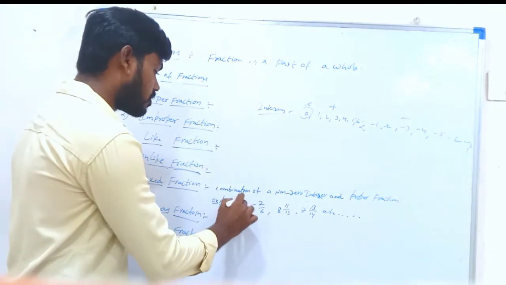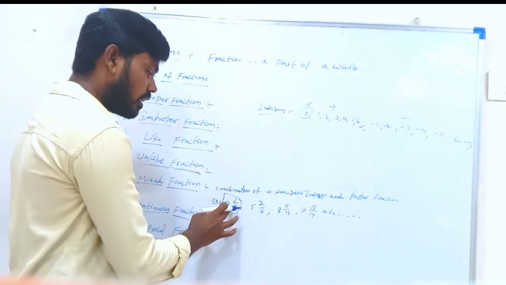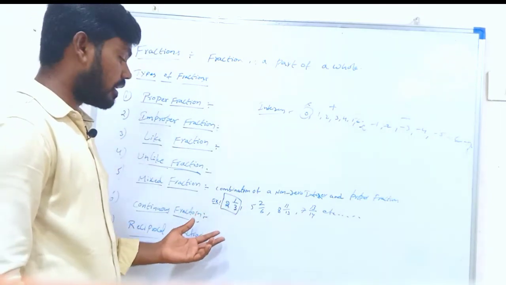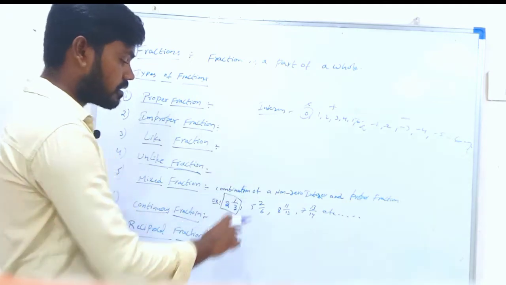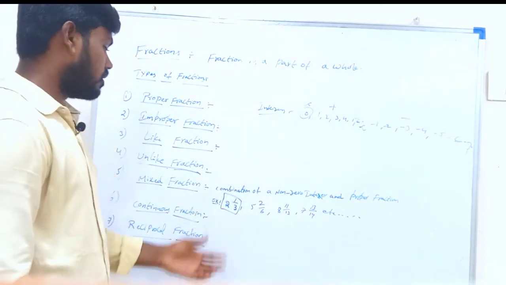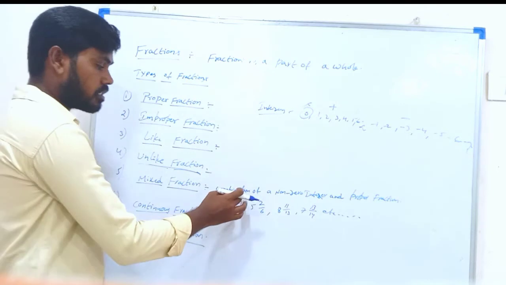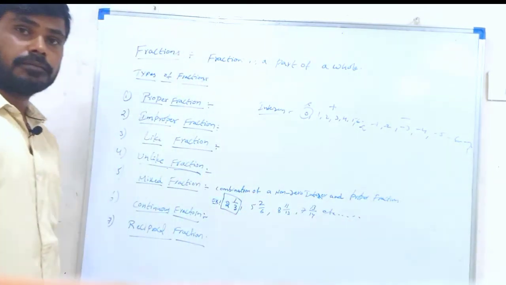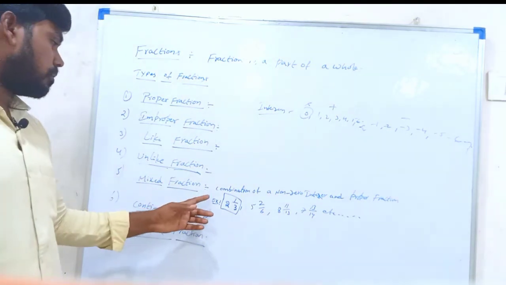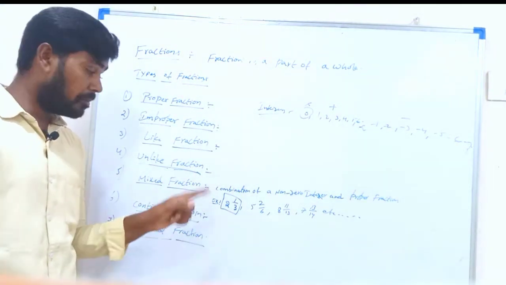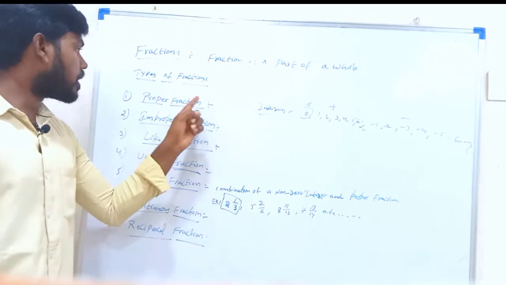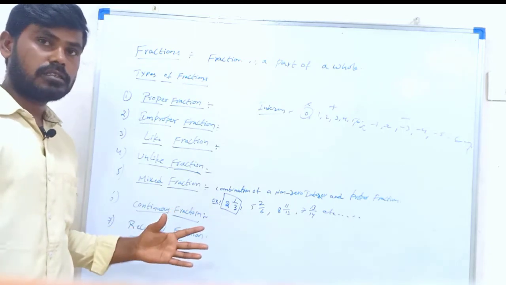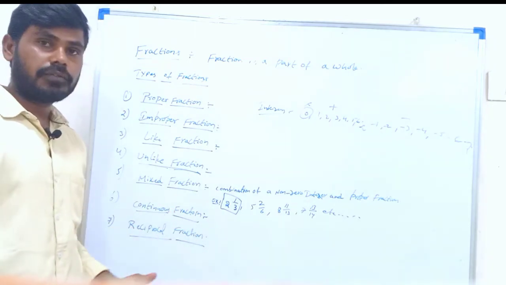The combination of these two, an integer and a proper fraction, is called a mixed fraction. Mixed fractions can be converted into improper fractions, and improper fractions can be converted into mixed fractions. How to do this, we can discuss further.